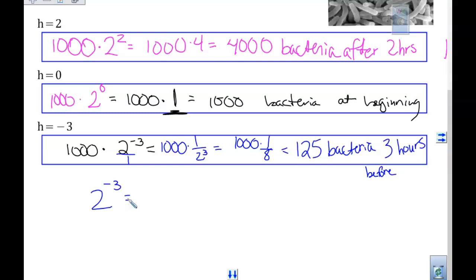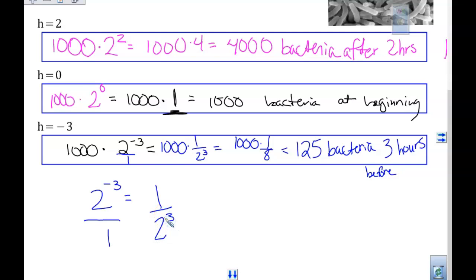Positive. Does the negative exponent make the number negative? No. Only if you take negative times a negative, like if you have an odd number of negatives. This is a positive 2. What does this mean? This means 1 over 2 to the 3rd.